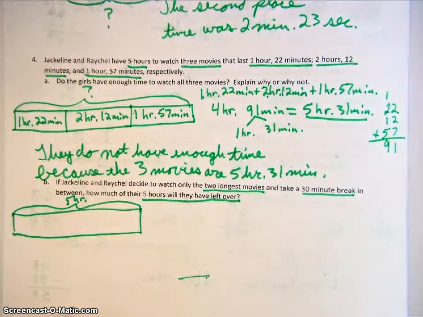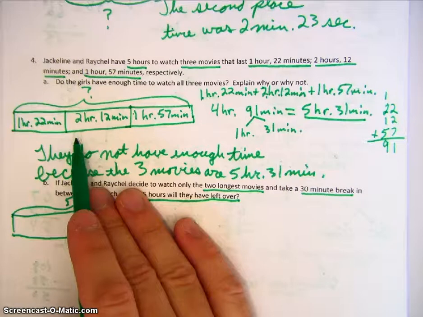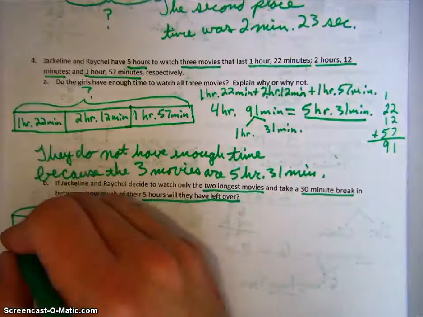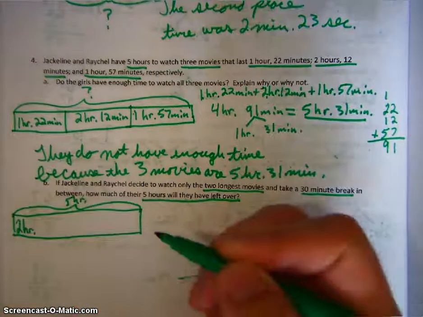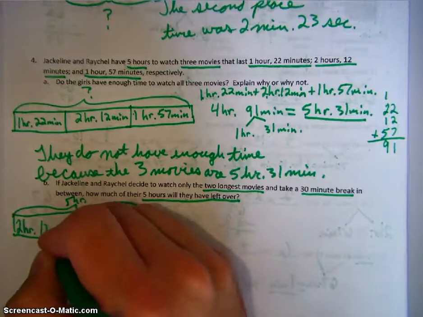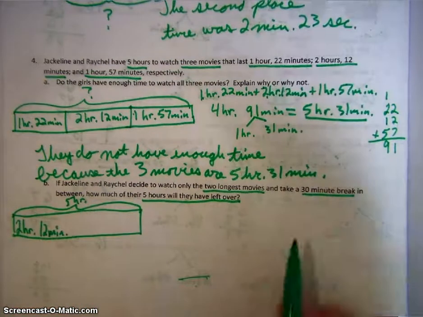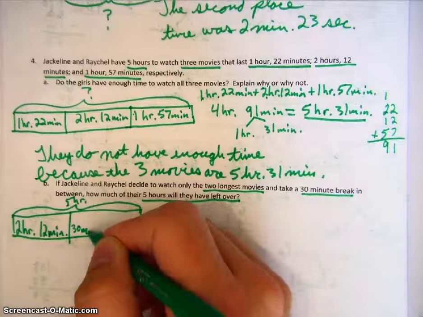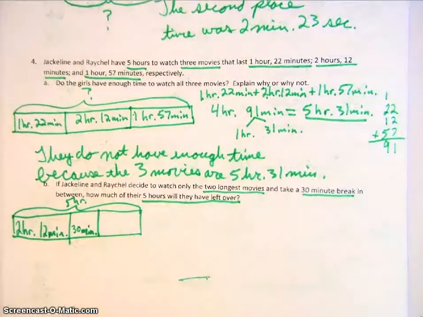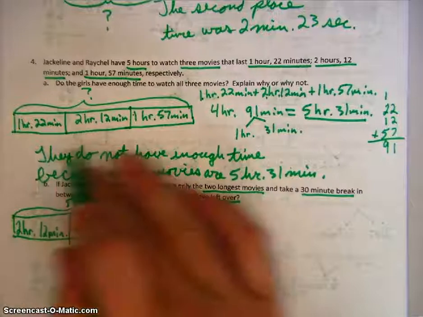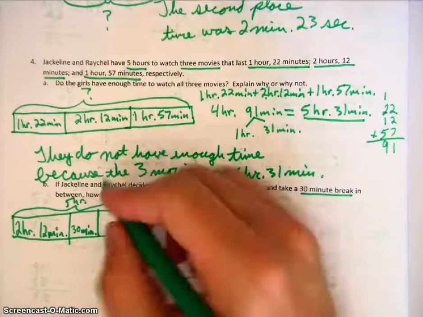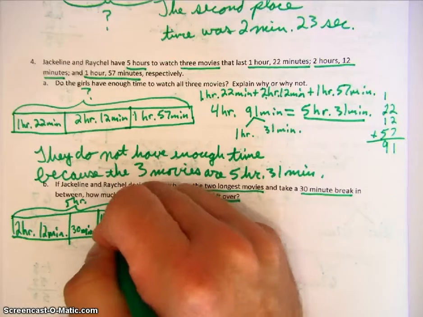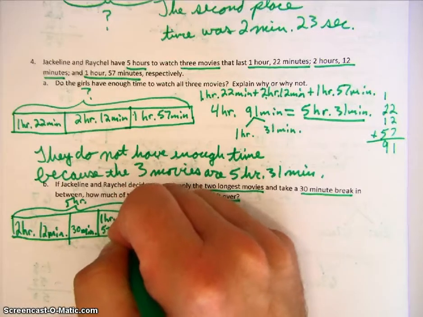Now they're going to watch the 2 longest movies. So looking at our original problem, we see that the longest movie is obviously 2 hours and 12 minutes. Now you can see that they take a 30-minute break in between. The next longest movie is that third one with 1 hour, 57 minutes.